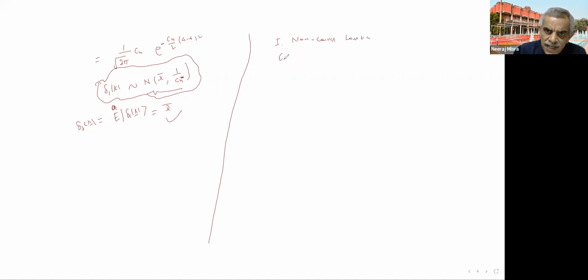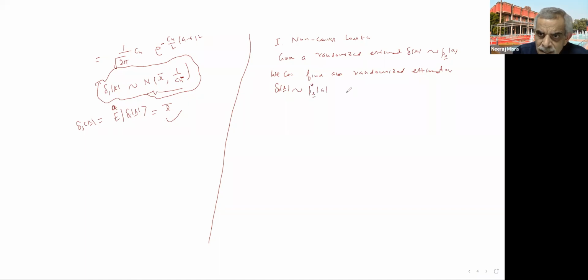What it says is, given a randomized estimator, let's say delta x, which will have some density, let me call it p x, or a distribution, we can find a randomized estimator, let me call that randomized estimator delta naught x, having pdf p x star a, for which the risk function of delta naught would be the same as R theta delta for every theta.